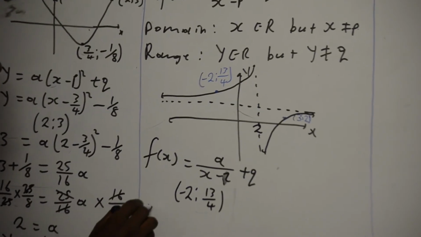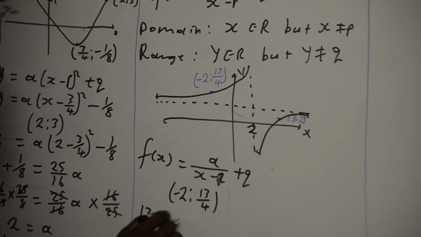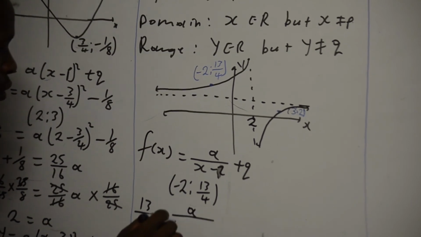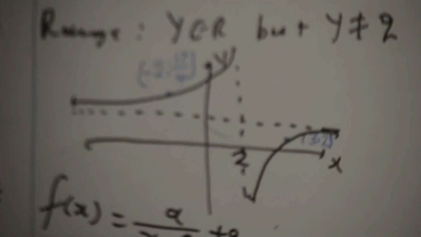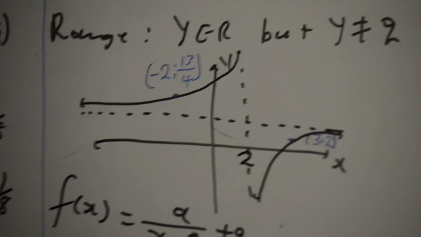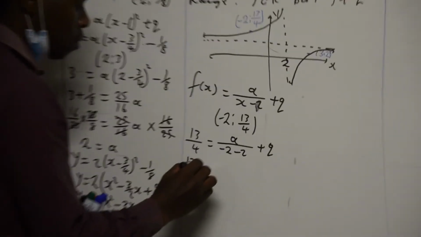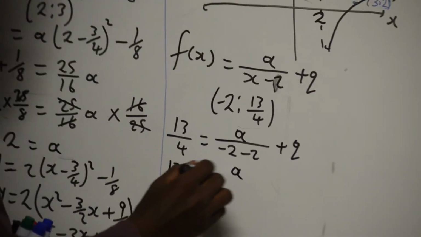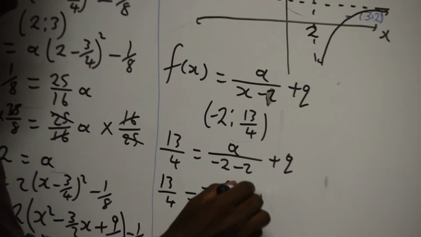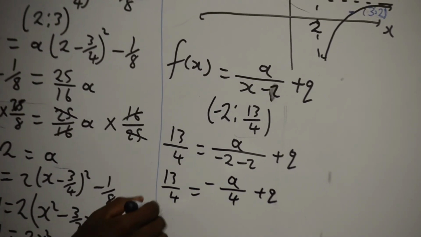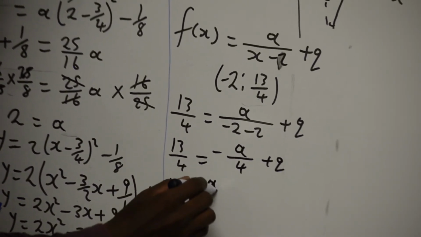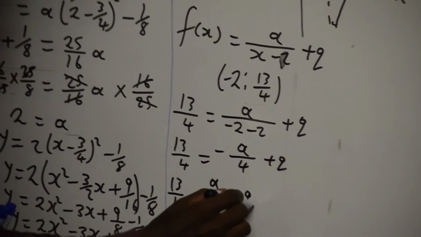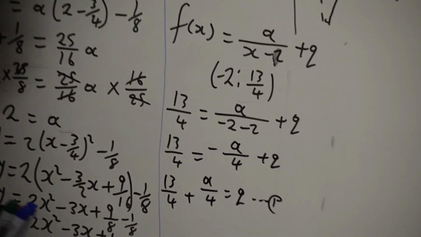So in place of y, place this value, and in place of x, put -2 plus Q. So you'll have 13/4 equals A/4 plus Q. Then 13/4 plus A/4 equals Q. That is your first equation.